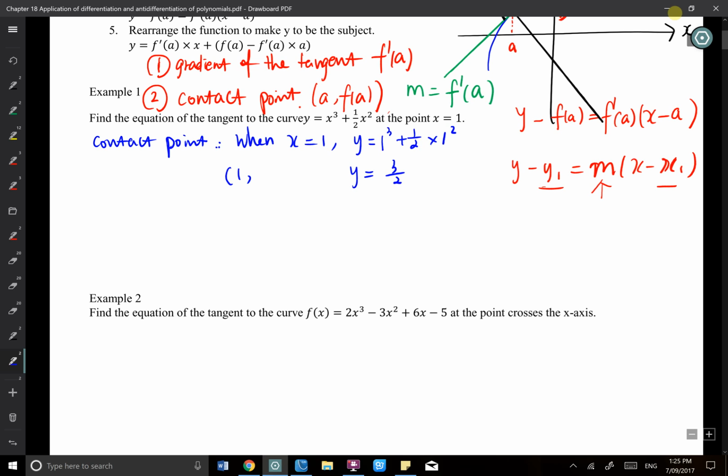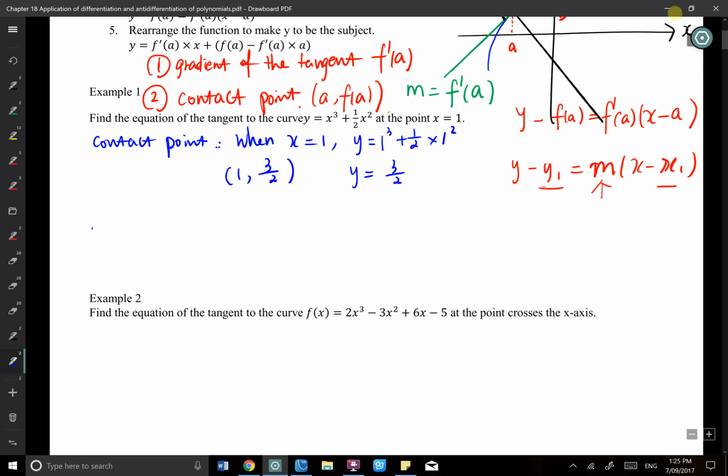The contact point is (1, 3/2). Remember, the contact point must be on the original graph, the tangent and the normal. That point is called the contact point.